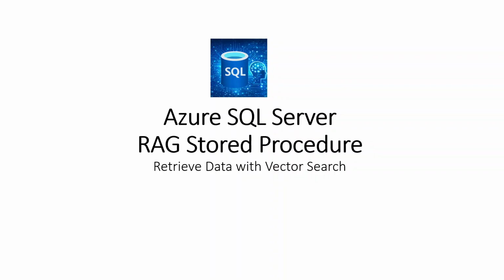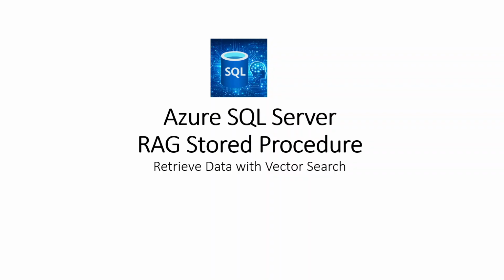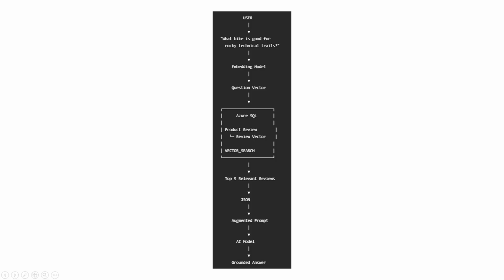So in this example, what we are going to build, we take a user question, turn it into an embedding using the embedding model, use the SQL Server vector search function, and find the most relevant review information from the review table.